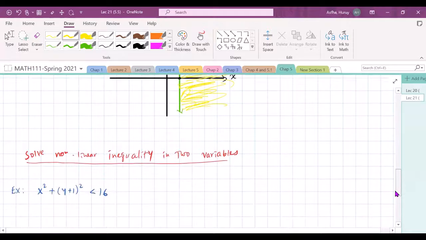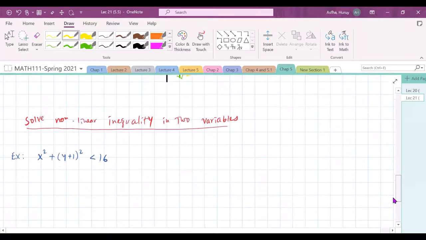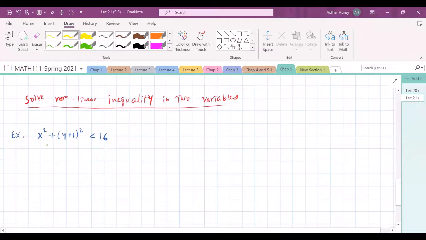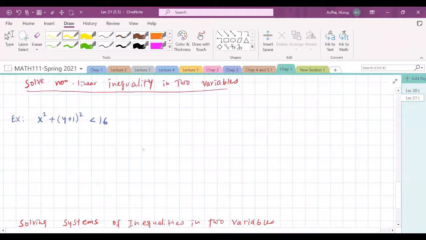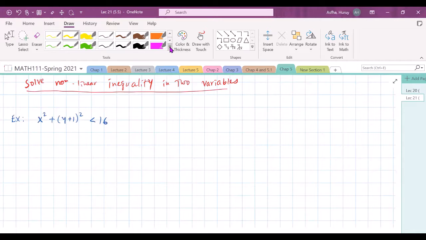Now we will see how to solve a nonlinear inequality in 2 variables. For example, if we have something like this, as you can see, this is not linear, but still we have 2 variables. So how do we solve this kind of inequality? The trick is the same as what we were doing above. We rewrite this using the related equation form: x² + (y + 1)² = 16.